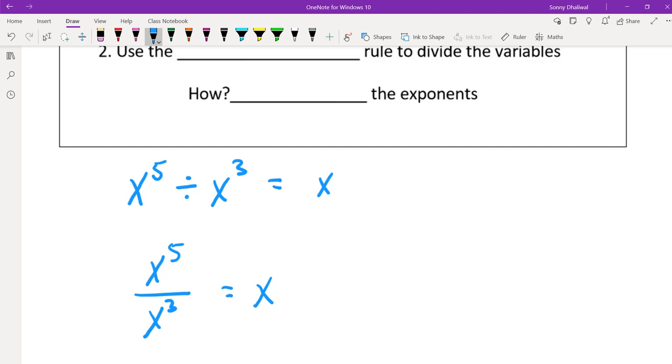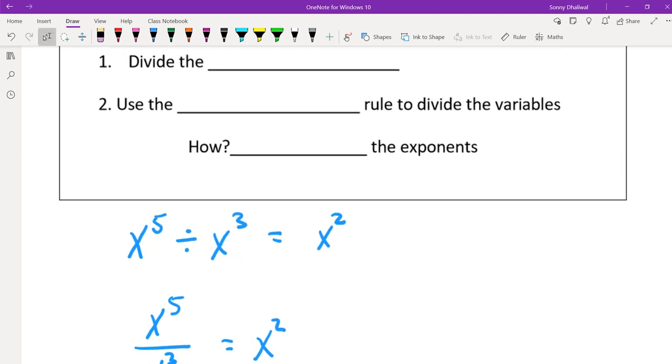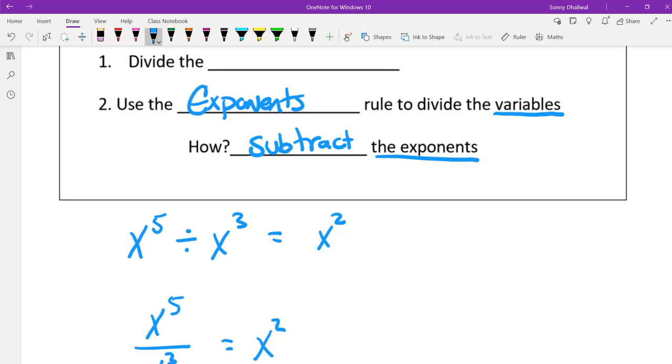Multiplying was adding, dividing was subtracting. So what's our exponent here? Would it be x squared? Yeah, x squared. Right? So we use the exponent rules once again for the variables. And the rule is we subtract the exponents. Okay.